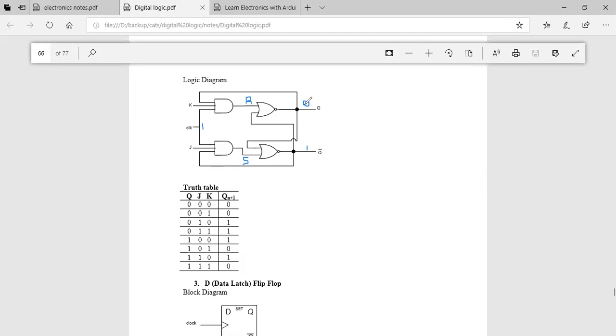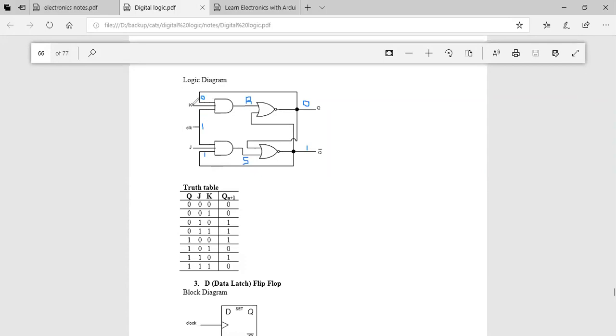Now, if you have 0 here, what comes here? Zero. Yes, because you are feeding it back and you expect it to be 0. So if you have a 1 here, what do you expect to have here? 1. That's correct. And we are being told the clock is always 1.